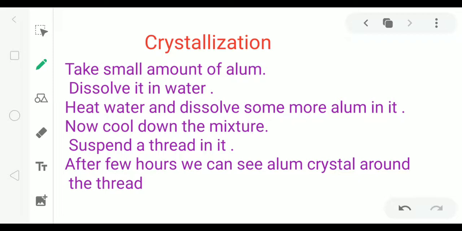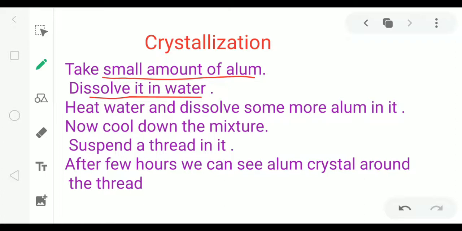If we want to get crystal of alum, pure solid of alum, how can we get that? Take a small amount of alum, dissolve it in water. After some time, we cannot add more alum because the solution becomes saturated.